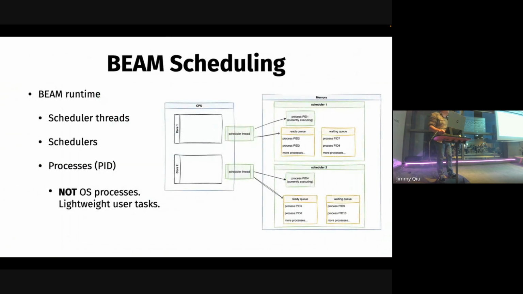All right, so moving back to BEAM. Again, it's very, very similar. The same basic idea: you have a CPU, you've got a number of cores in there. It'll start a scheduler thread for each core. Each scheduler thread will have a scheduler data structure. There'll be a number of processes, and there'll be a ready queue and a waiting queue.